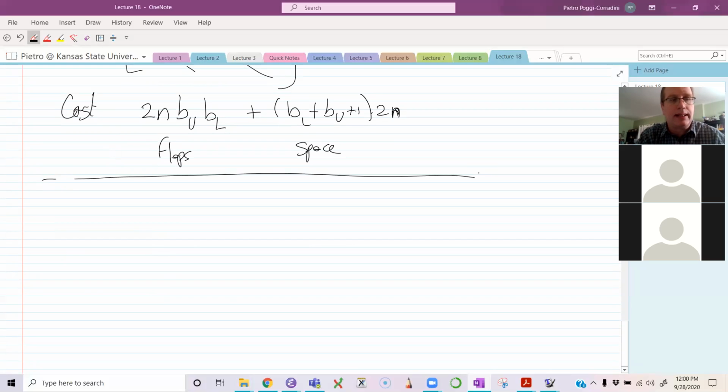Let me instead tell you a little bit about partial pivoting. Partial pivoting means that you're going to maybe swap some rows, right? So you're going to do a permutation. But again, let's draw a picture for that.